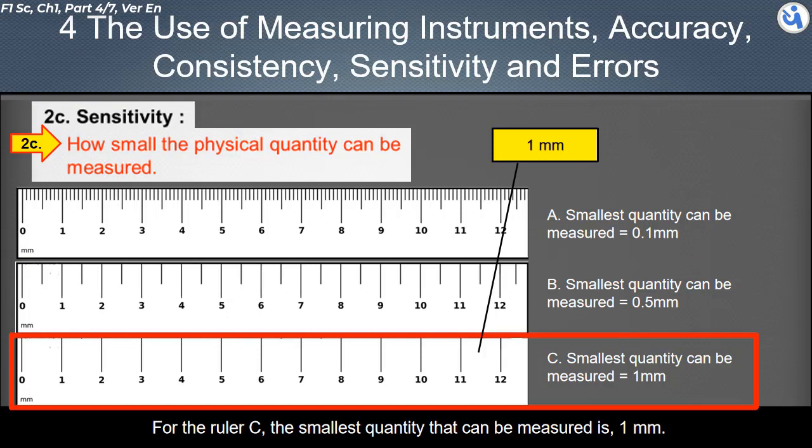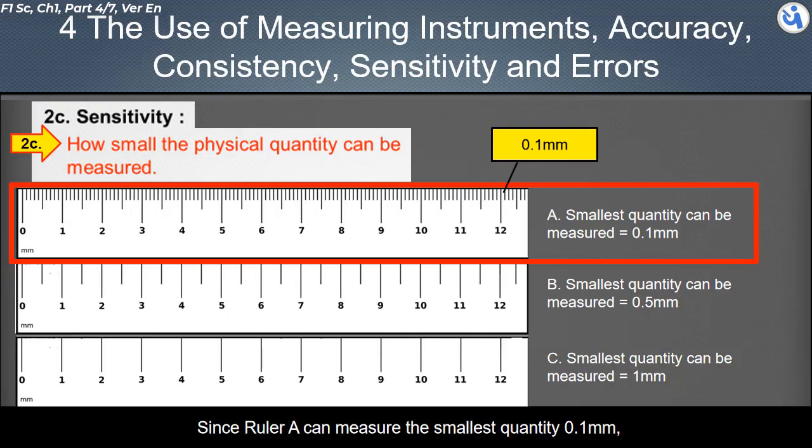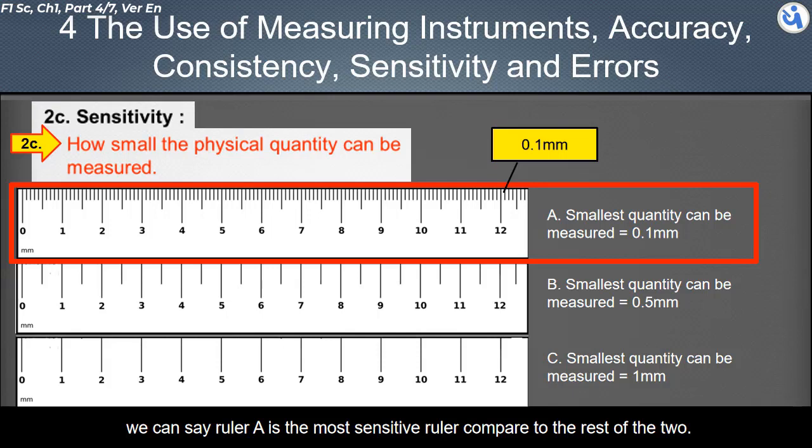For ruler C, the smallest quantity that can be measured is 1 mm. Hence, its sensitivity is 1 mm. Since ruler A can measure the smallest quantity, 0.1 mm, we can say ruler A is the most sensitive ruler compared to the other two.